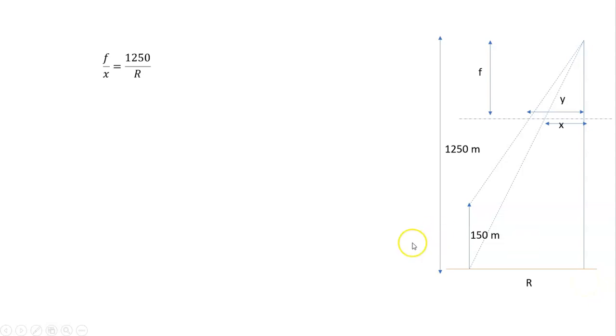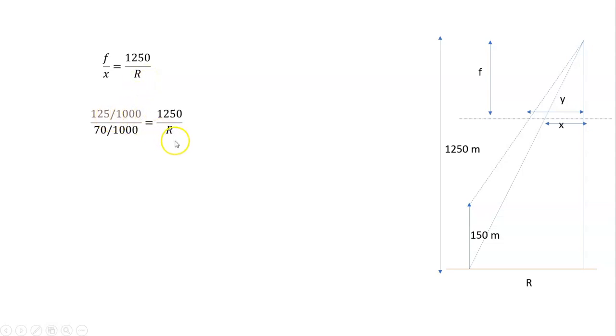Please observe the triangles here. I'm referring to a triangle which has x as the base and f as the height, and the other triangle which has H as 1250 meters as the height and base equal to r. Therefore, we can write f divided by x equals 1250 meters divided by r.